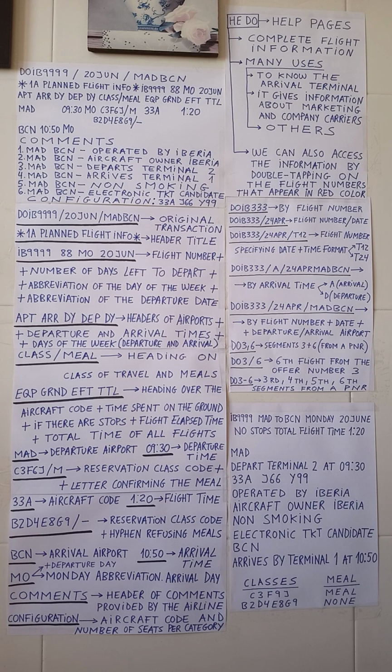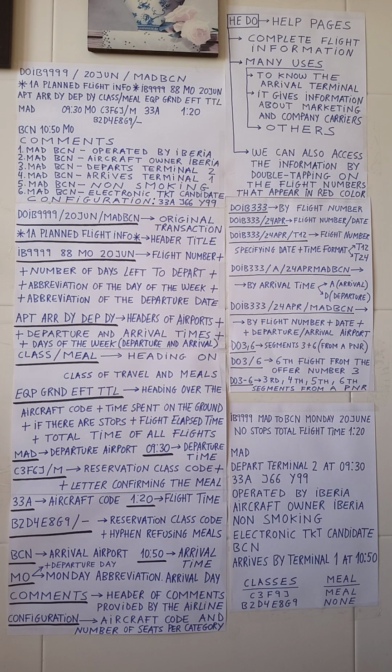The first time is to headline the day of the week the flight arrives. The second time is for the headline on the day of the week on which the flight departs. DEP is the abbreviation used to describe the time of departure.